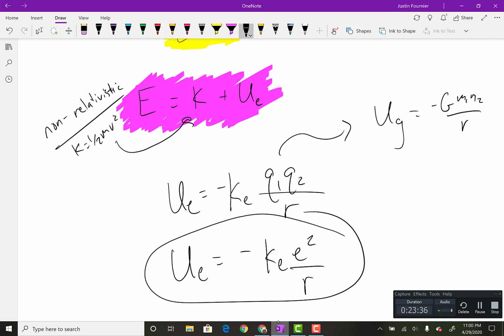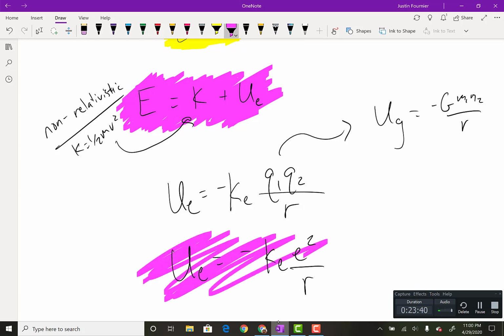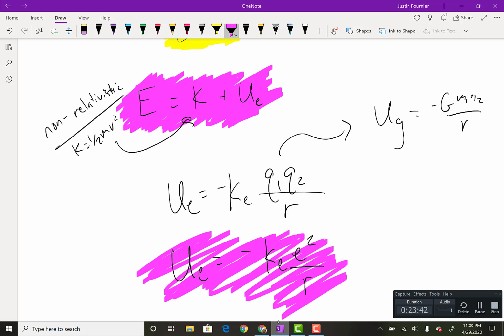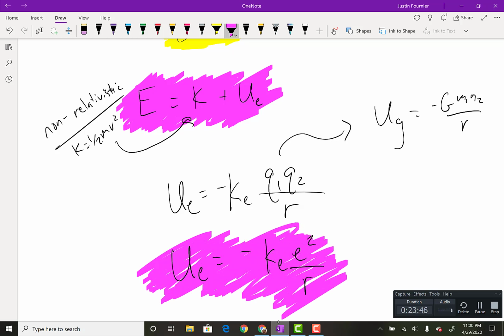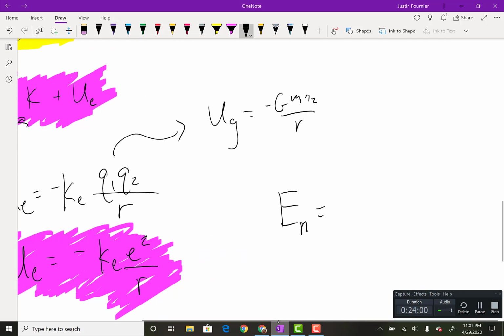Basically, I want you to use these two ideas, again, use those two that I just highlighted for you to get to this energy. So again, if n is on the other side, we usually use E sub n. That just means the total energy.